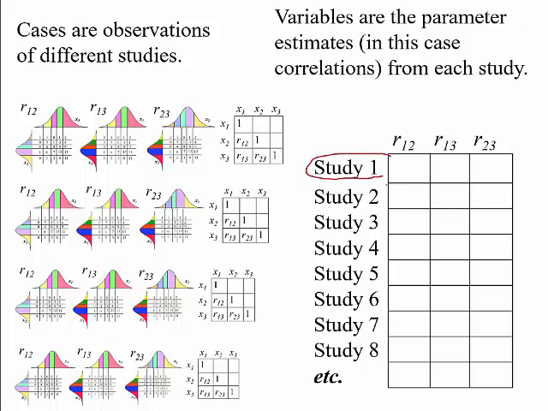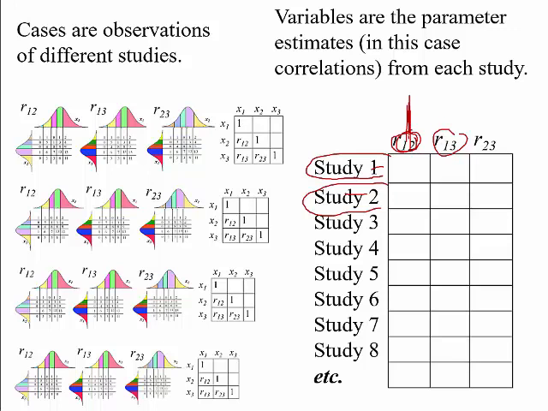So each case is not a person, but a study. And here we don't have variables, but rather results from a study. We have the correlation that we got between item 1 and item 2 on study 1, the correlation between item 1 and item 3 on study 1, and so on for study 2. And so our columns are not scores on variables, but scores from statistical analyses that we got.